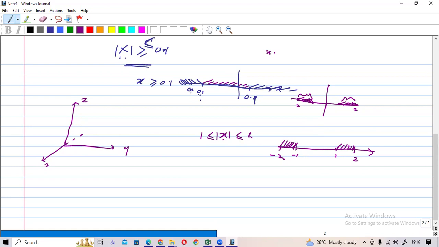One area, x, is from 0.1 to 0.2. The z-axis is again 0.1 to 0.2, and the y-axis is also 0.1 to 0.2. So you will have a cube, maybe in this location.